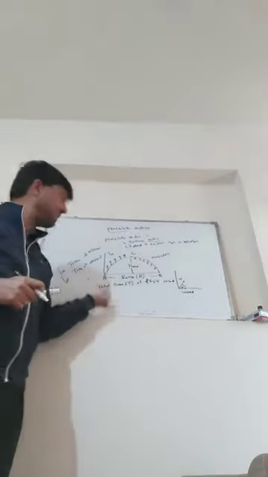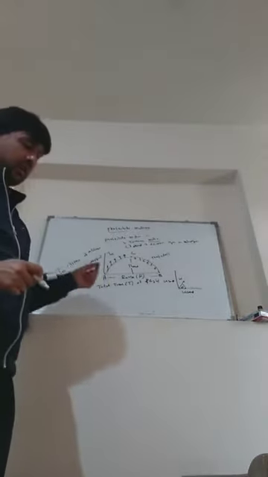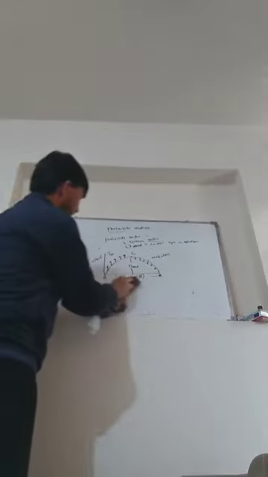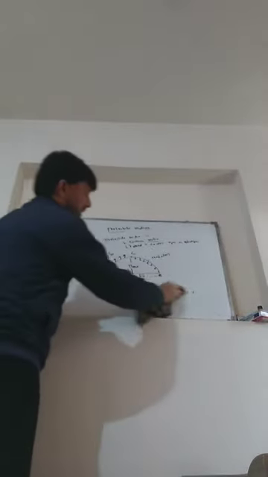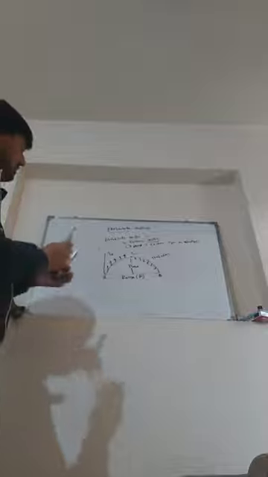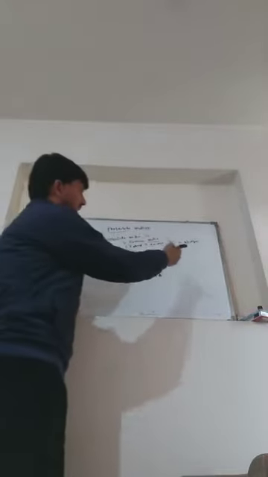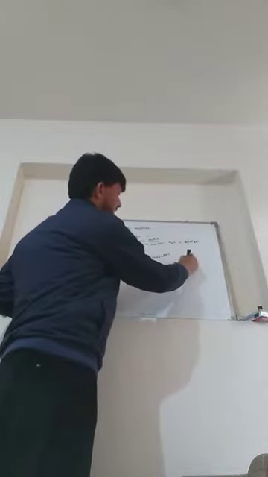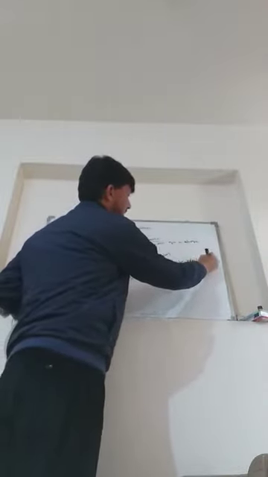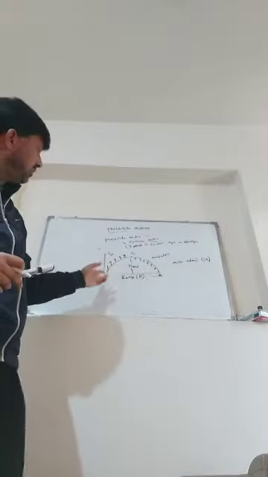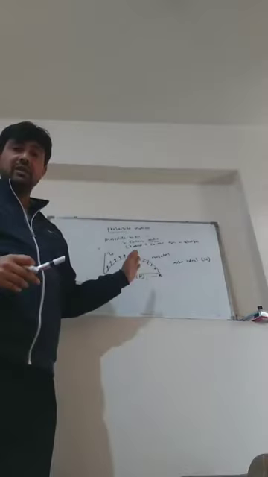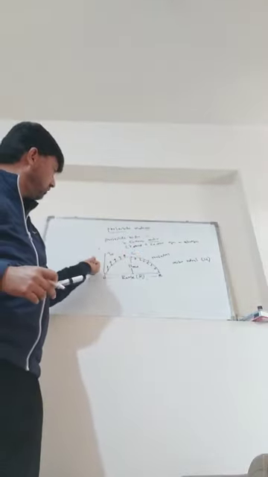How can we calculate the time of flight of a projectile? Before calculating the time of flight, that means the total time taken by a projectile to reach from point A to point B, let us see what is given. We are given the initial velocity u, but we have resolved it into rectangular components. The horizontal component is u cos theta and the vertical component is u sin theta.